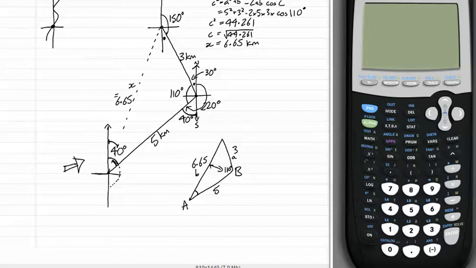Sine A over A equals sine B over B. My working's going to get exceedingly messy here. Sine A over 3 is sine of 110 degrees over B, which was 6.65.